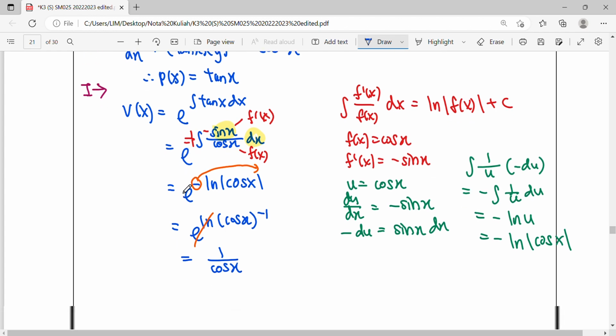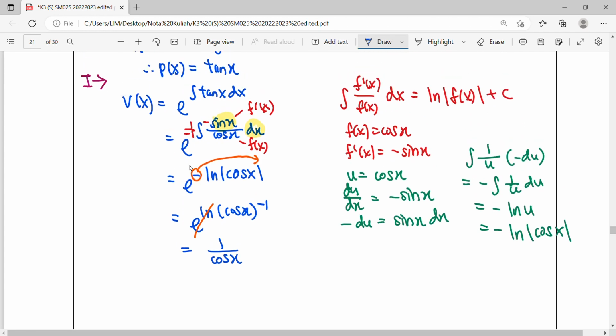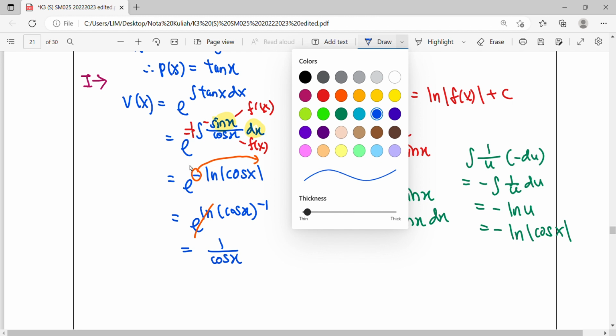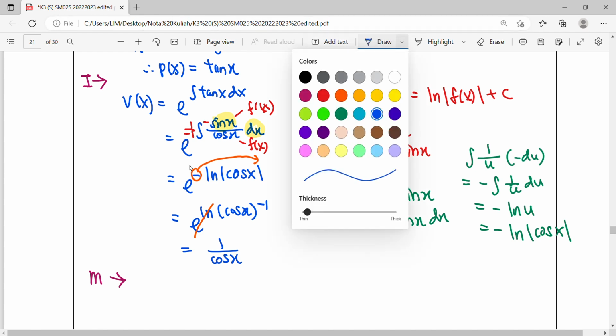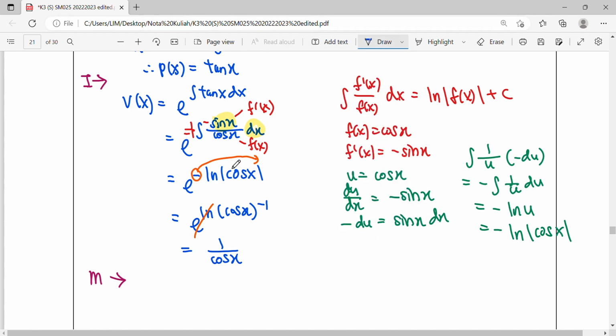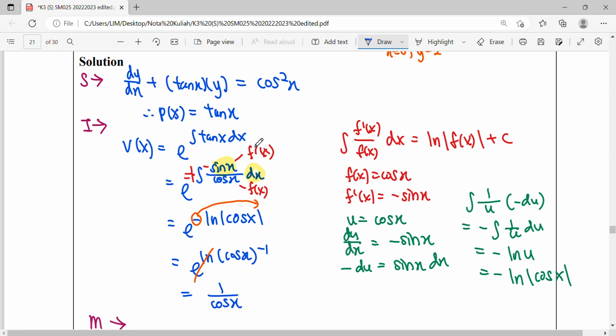Third step, after finding the integrating factor, multiply this integrating factor back to the original equation. So 1 over cos x times dy/dx, plus 1 over cos x times tan x times y, equals 1 over cos x times cos squared x.